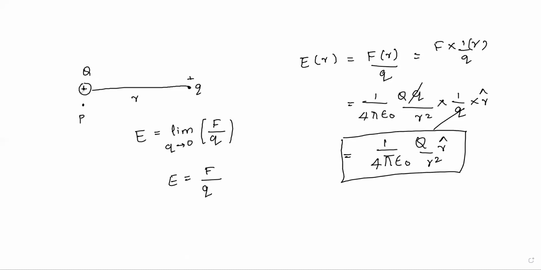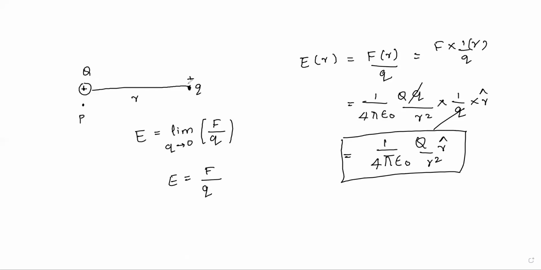What did we do here? We considered one positive charge, called the source charge, at a certain point, and we named it P. From a distance r, we placed one more charge, small q, which is also positive and is called the test charge, and it is negligibly small.